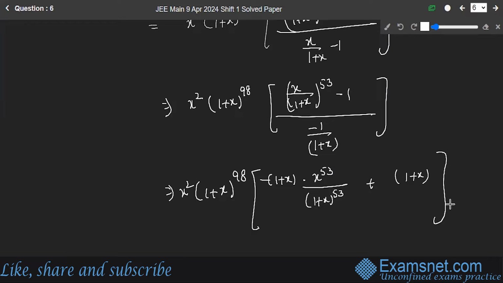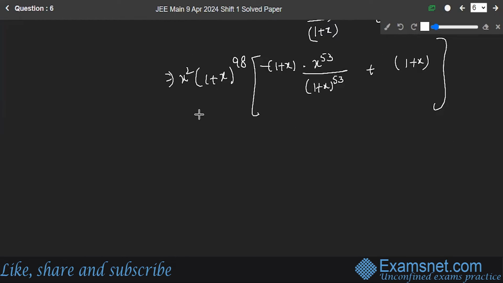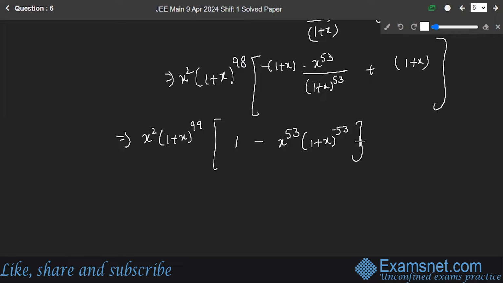Okay. Further, I'm taking this 1 plus x outside. So x squared (1 plus x)^99, and this will give me 1 minus x^53 into (1 plus x)^(minus 53). Okay.